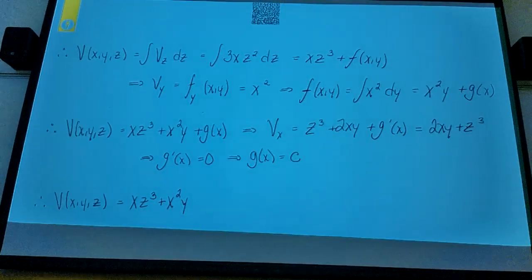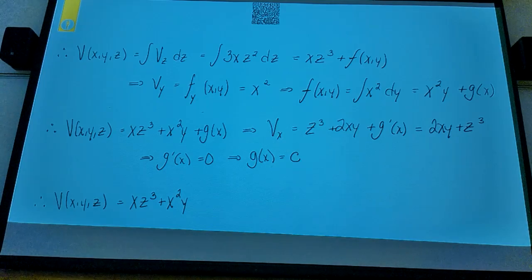There's our V. You evaluate that at (3, 1, 4). It's 4 cubed times 3.